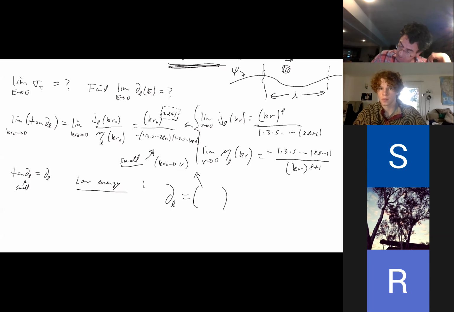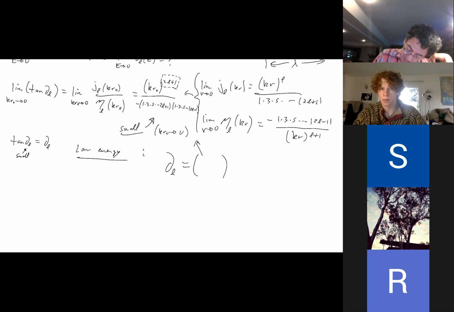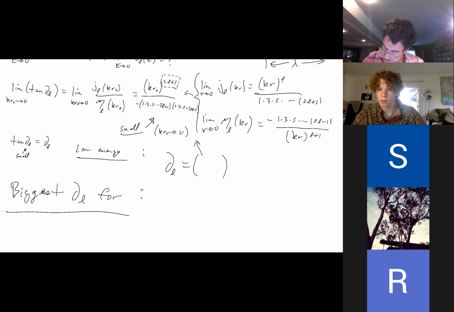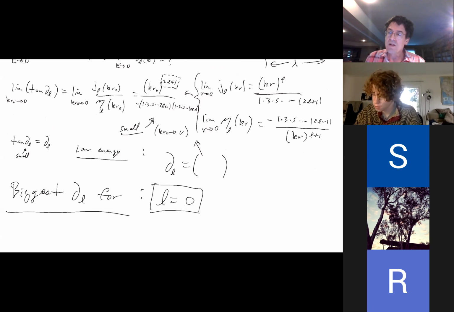And so the biggest phase shift is when what? L equals 0? That's right. In the limit that kr naught goes to 0, the L equals 0 component dominates.